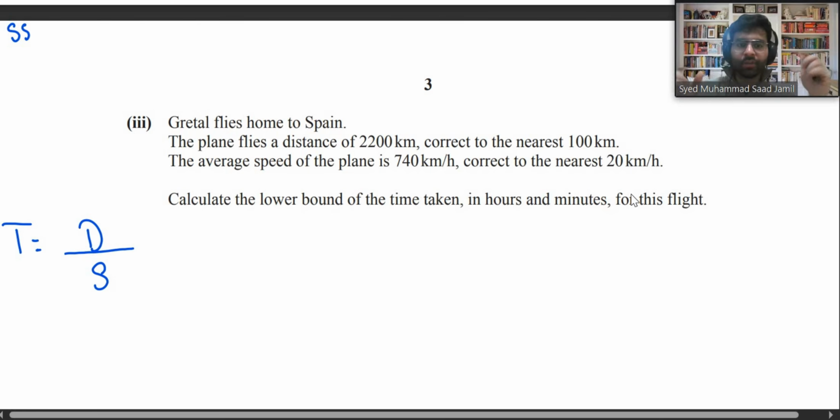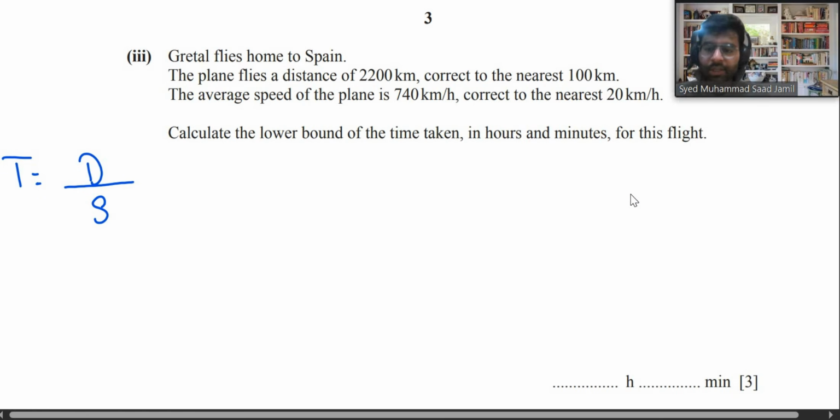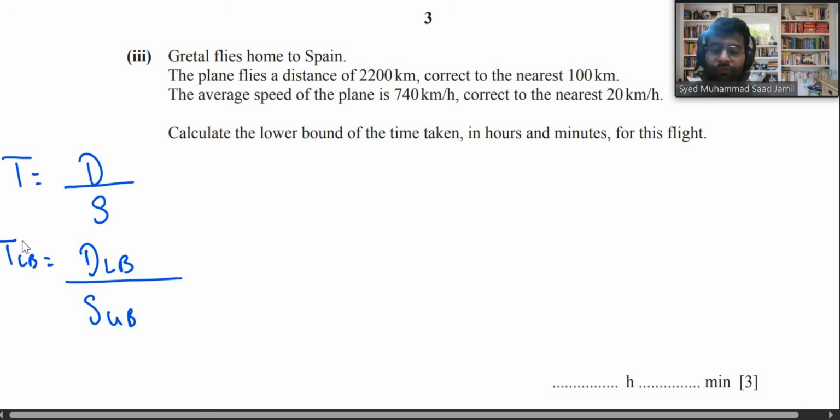So in order to calculate the lower bound of time, distance should be low, which means lower bound of distance, and speed should be high, which means upper bound of speed.